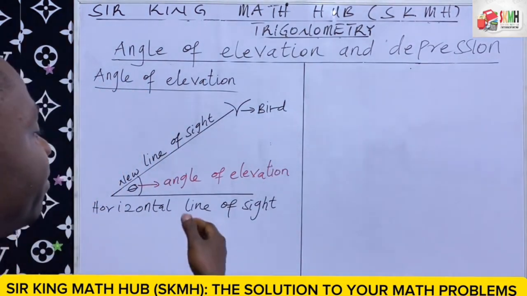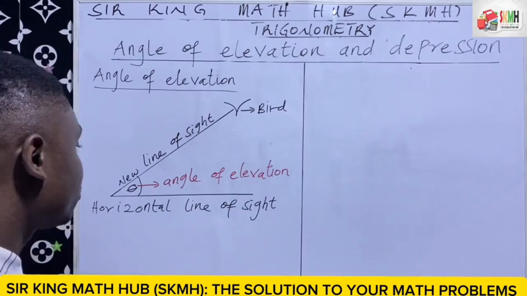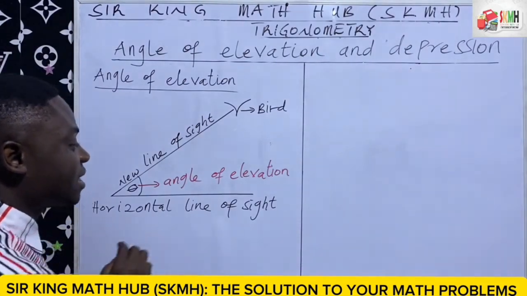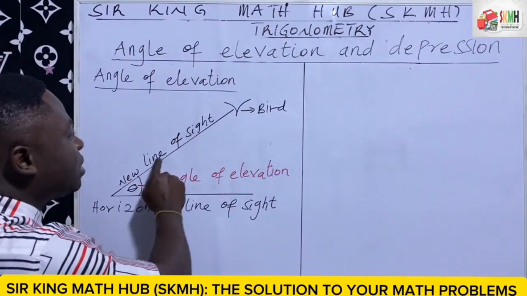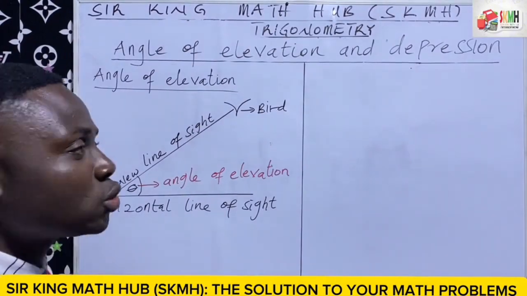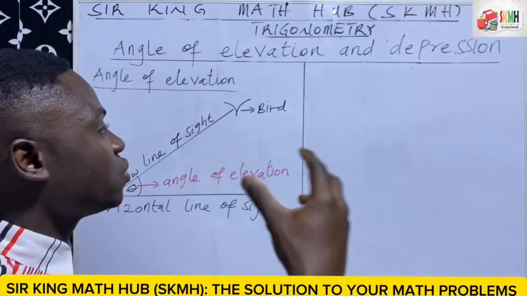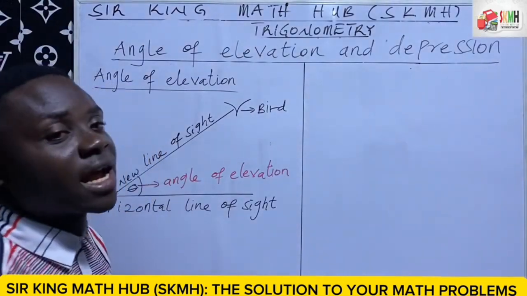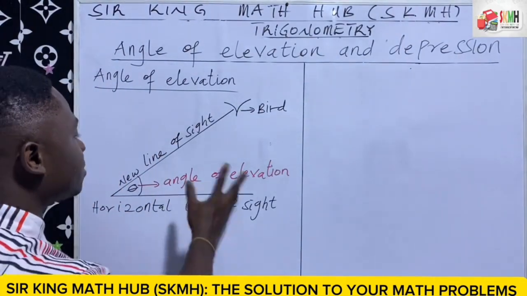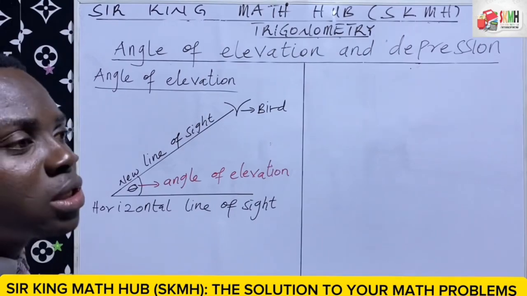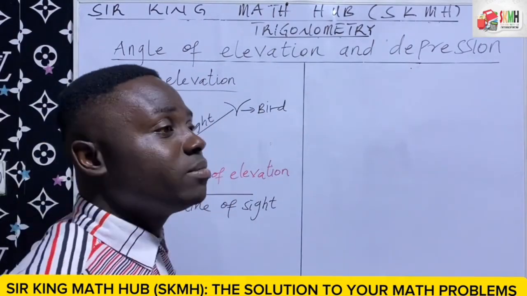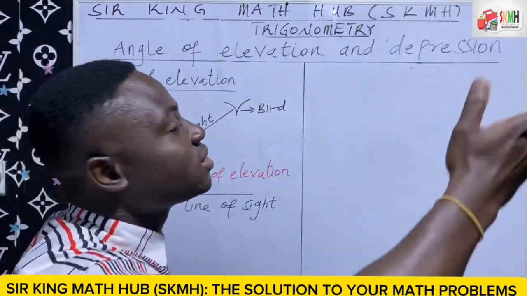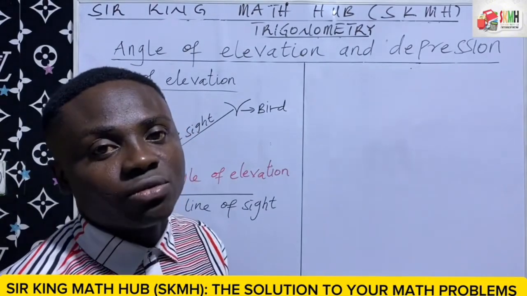So angle of elevation is the angle between the horizontal line of sight and our new line of sight as a result of viewing an object above the horizontal line of sight. So that is all about angle of elevation. In our day-to-day activities, anytime we view an object above us, angle of elevation has come into play.